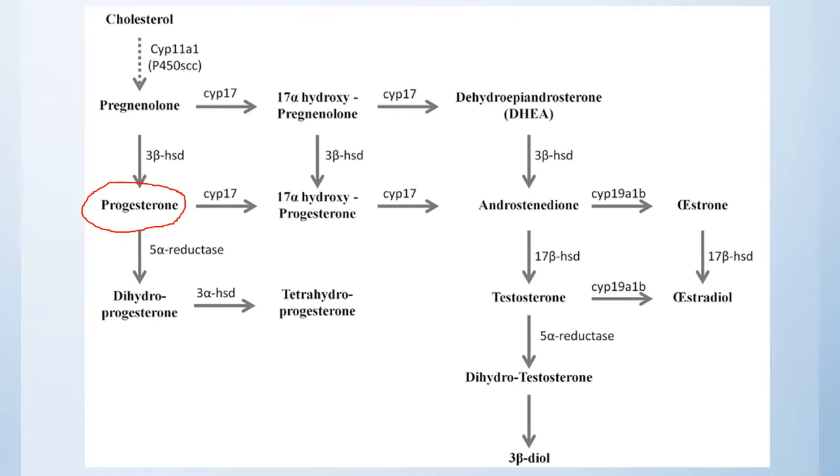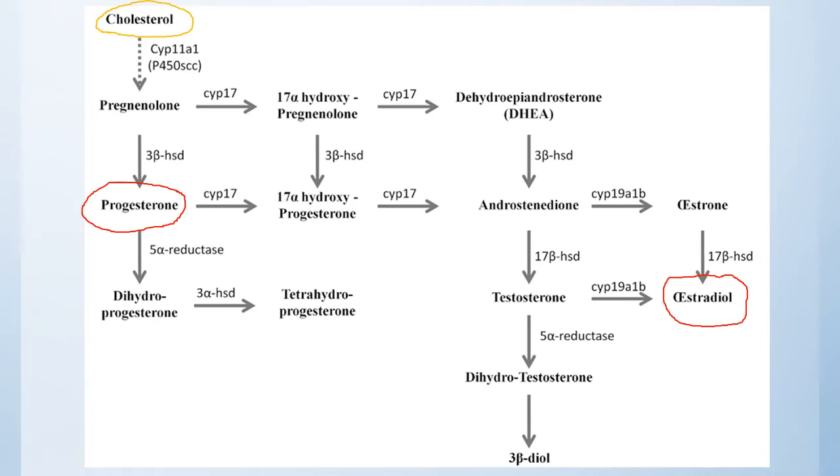If you recall in my previous lecture on the menstrual cycle, we talked about progesterone and also estrogen, and estradiol is the active estrogen. They are in the same pathway and come from the same precursor, cholesterol, to produce the female sex hormones.